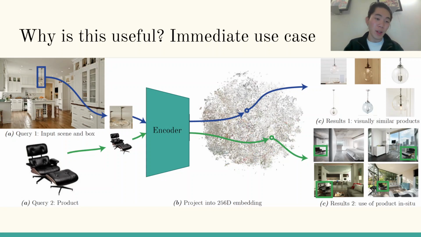Another thing you can do is, let's say you have a scene, right? Then you can take one segment of it, or maybe a product, get an encoder, and you get a vector as an output of the encoder, and you can put that vector in this massive vector space where each of the points represents something in the real world that is given by the encoder.